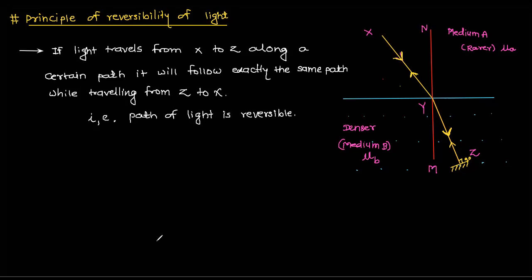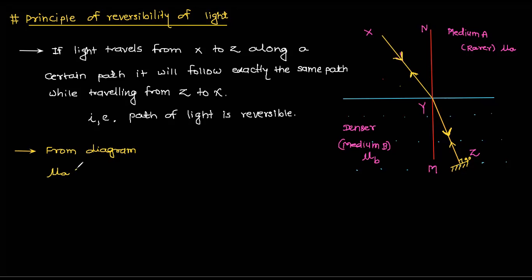Okay. So let's move ahead. Now, see here what I am doing. From the diagram, can I write like this? Mu A sine of angle X, Y, Z, right?